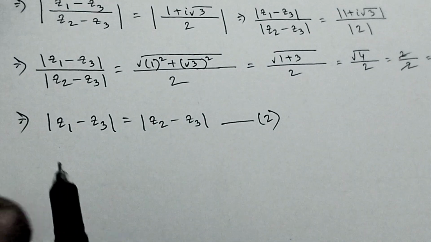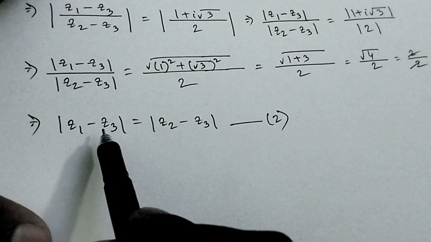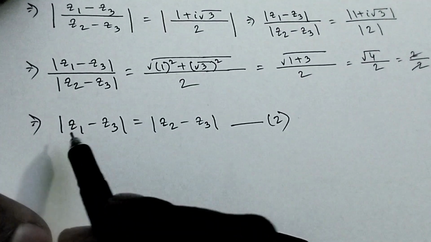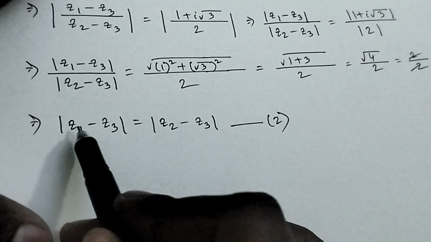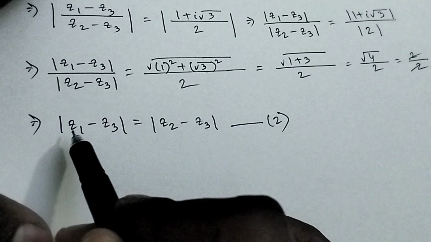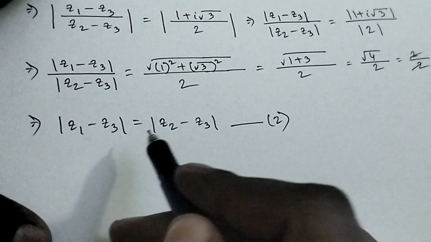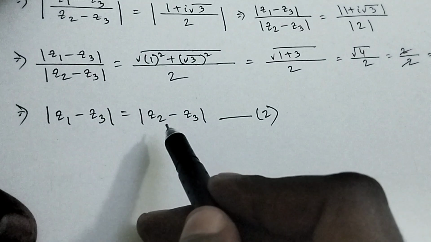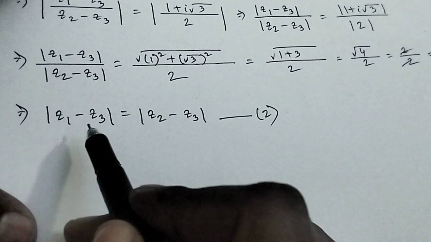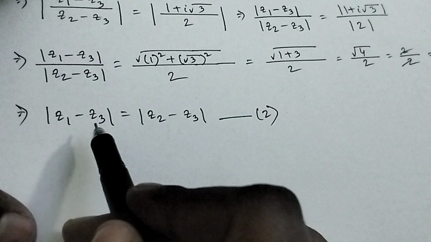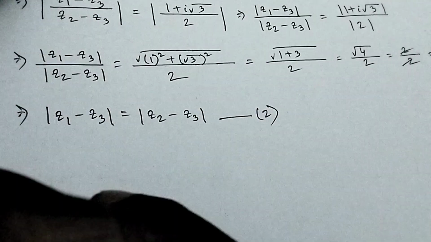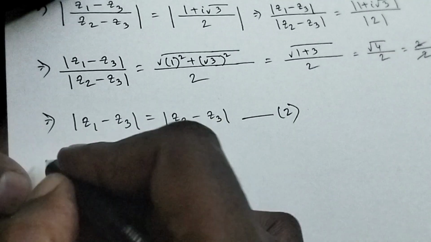That means mod of (z1 minus z3) is the distance between z1 and z3, and it is the same as mod of (z2 minus z3), the distance between z2 and z3. Clear?